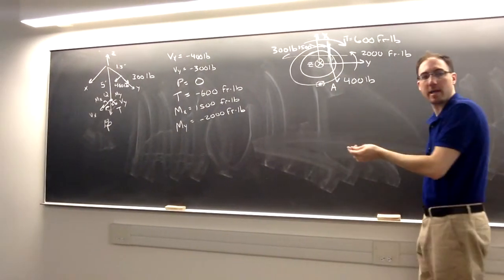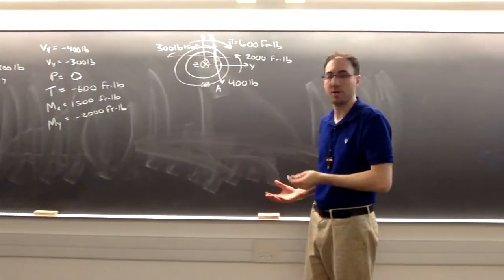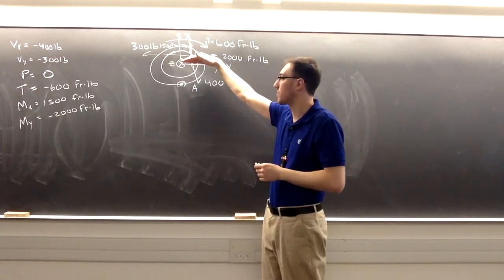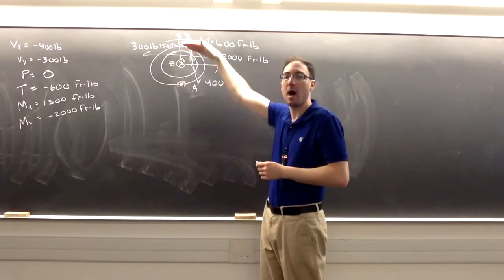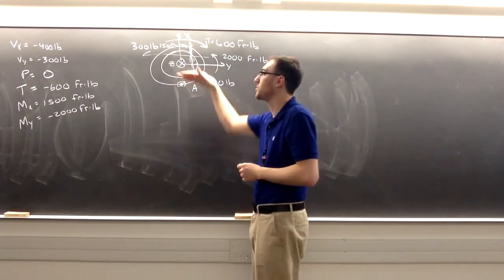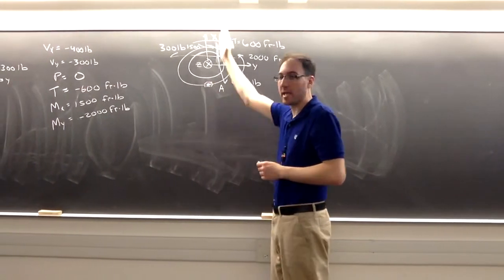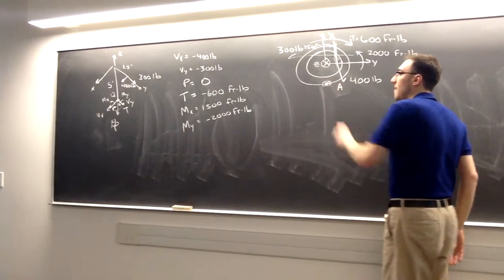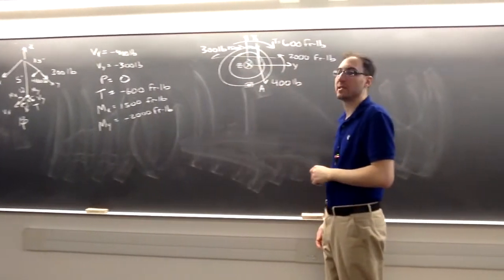This is like the other transverse shear stress ones we looked at. We know shear stress is maximum along the neutral axis and 0 at the top and bottom. So with respect to the 400-pound shear force that's acting along the x direction, it would have 0 effect at the bottom and 0 effect at the top.